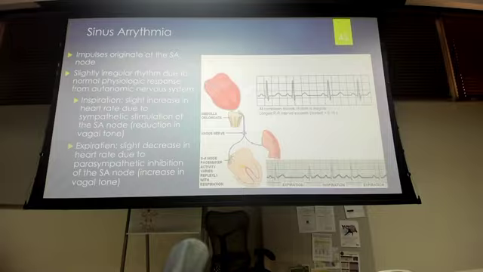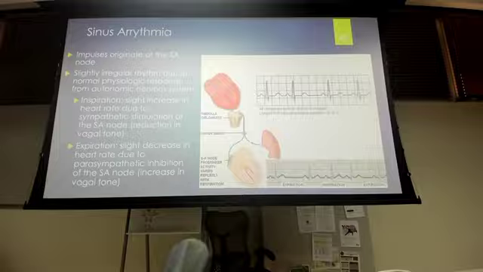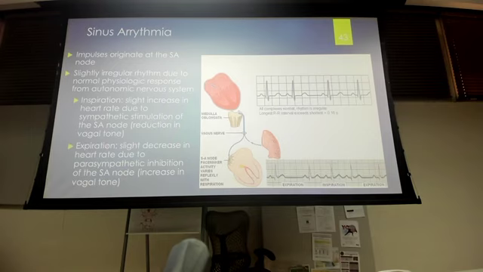People that have pretty sensitive sympathetic and parasympathetic systems, you'll see it more often. But it's a normal variant, totally nothing to worry about, and the patients have no idea that it's even going on. You only see it on ECG, or sometimes if you're checking their pulse, you can feel it on their pulse as well. That might prompt you to get an ECG, and then you can see it on ECG.